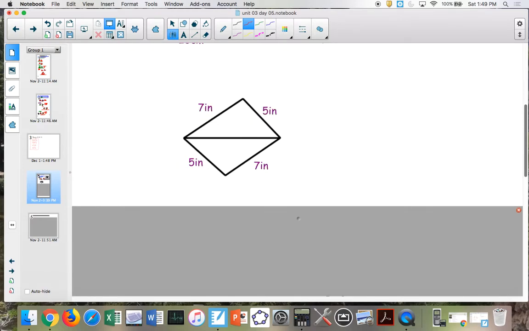This example, we have a side, we have another side, and then the third side is the same for both triangles, so we know that's congruent to itself. So this one tells me that I know the triangles are congruent by side, side, side.